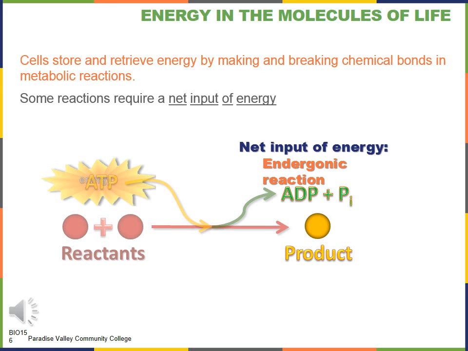Now we can sort of put these ideas together. Remember, we're talking about cells taking in light energy and converting it to chemical energy, storing that energy in the molecular bonds, and basically you're saving it for later use, because we don't use all of our energy in our body all at once.